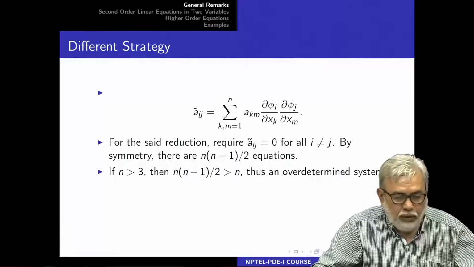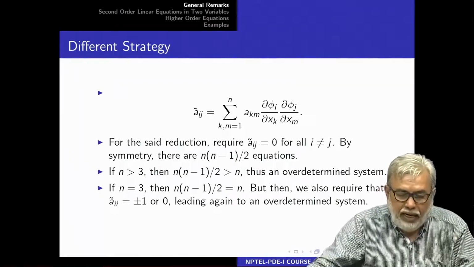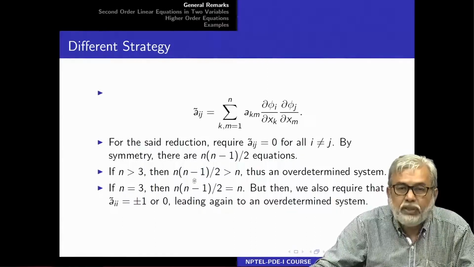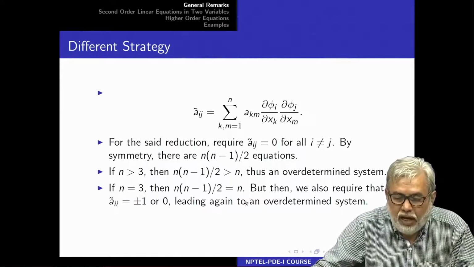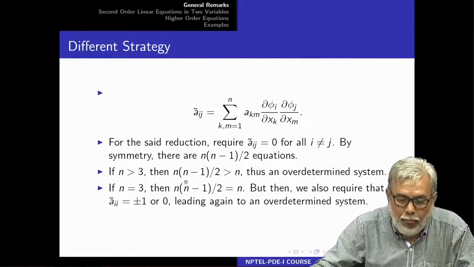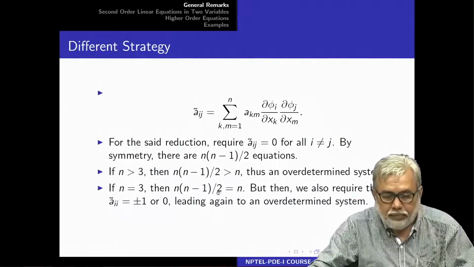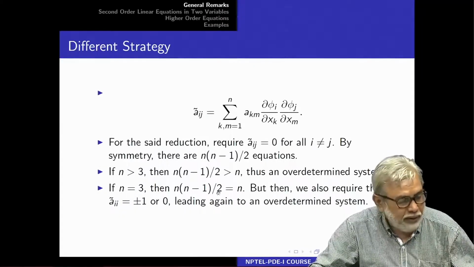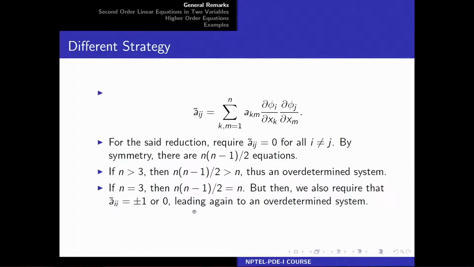So, what about n equal to 3? N equal to 3. So, the number of unknowns and the number of equations are the same. So, there is some hope, but then we also want the diagonal terms, namely a I tilde, to be plus or minus 1 or 0, because that is what we did in the constant coefficients, that is the canonical form.